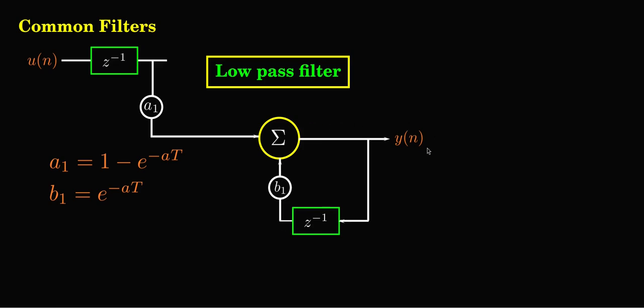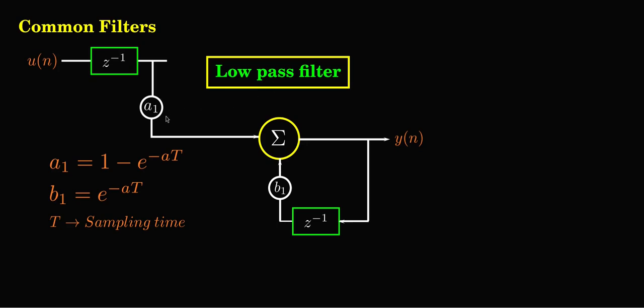This is easier and nice to visualize, but when you implement, use the canonical form. Now I'm going to set A1 equals 1 minus e to the power of minus aT, B1 equals e to the power of minus aT, where T is the sampling time.